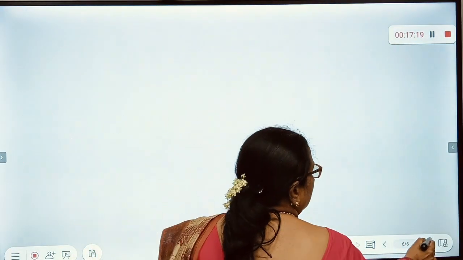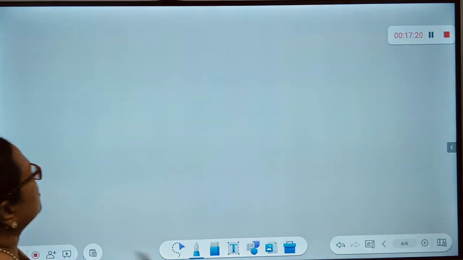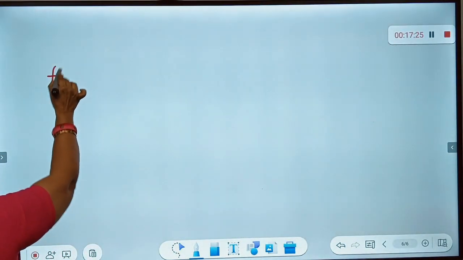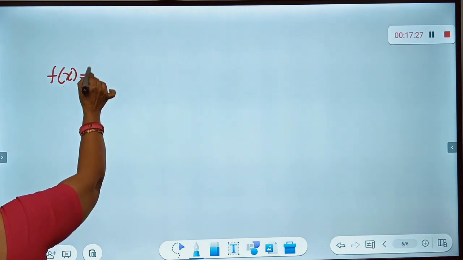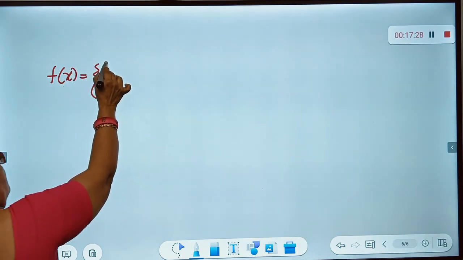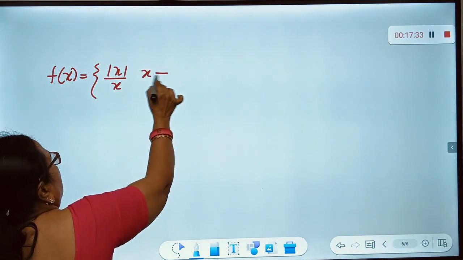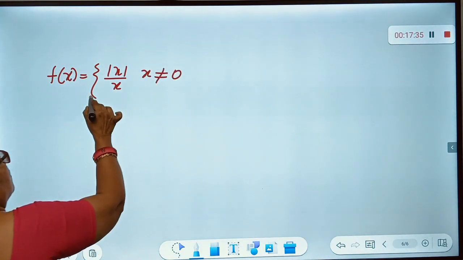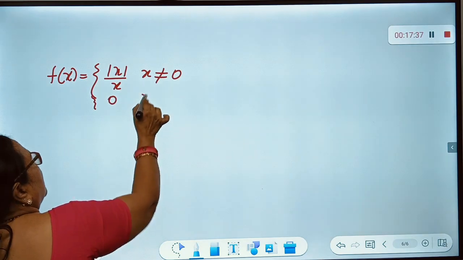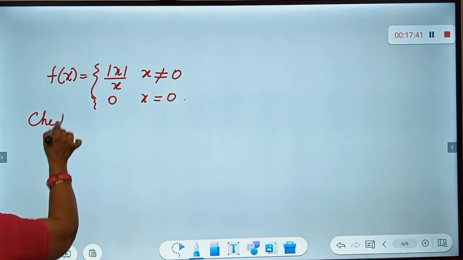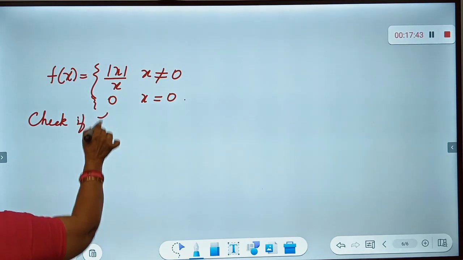In fact, you can discuss this for mod x by x itself. If I define f of x equal to mod x by x when x is not equal to 0, and 0 when x equal to 0, check if f is continuous.